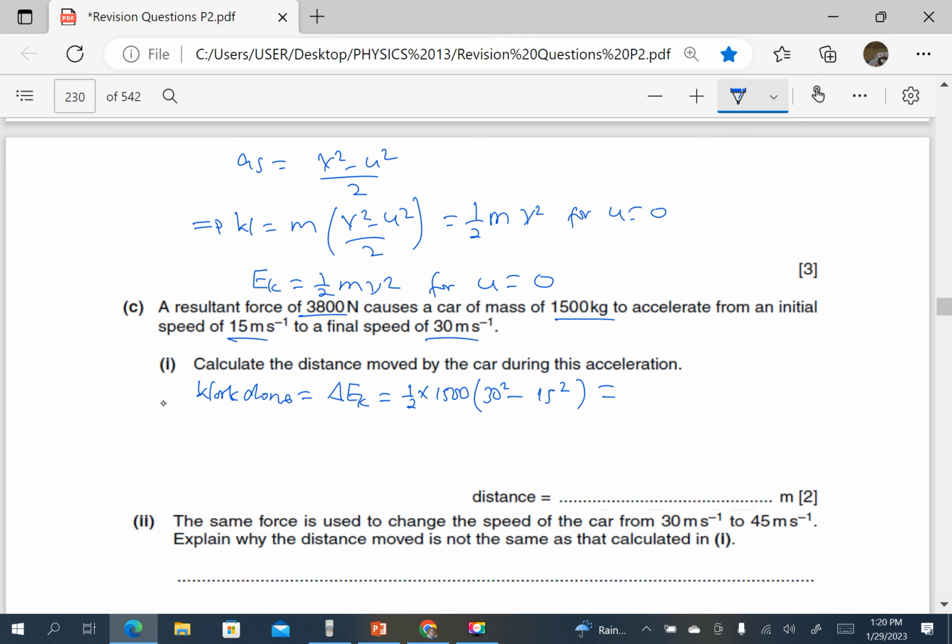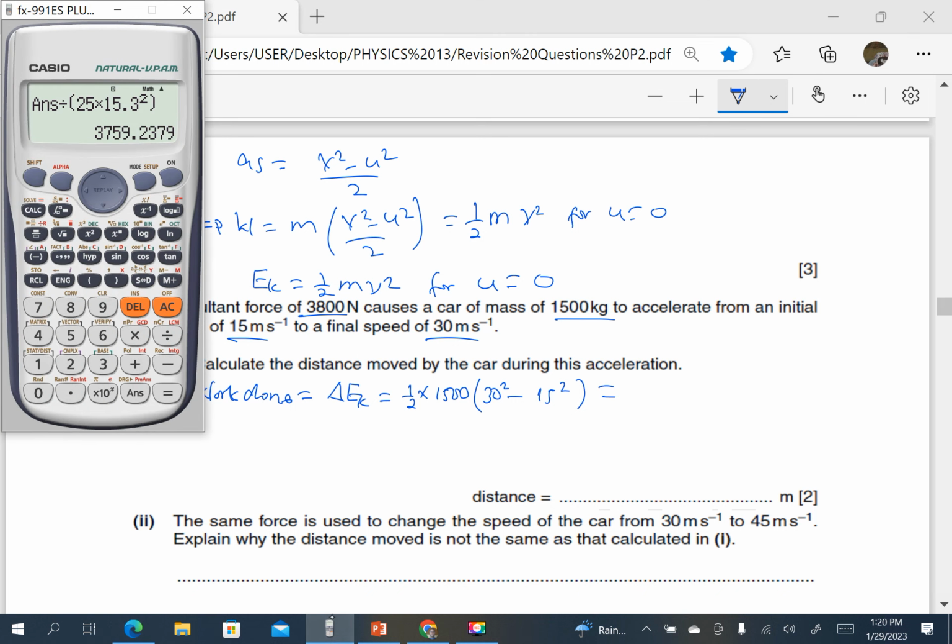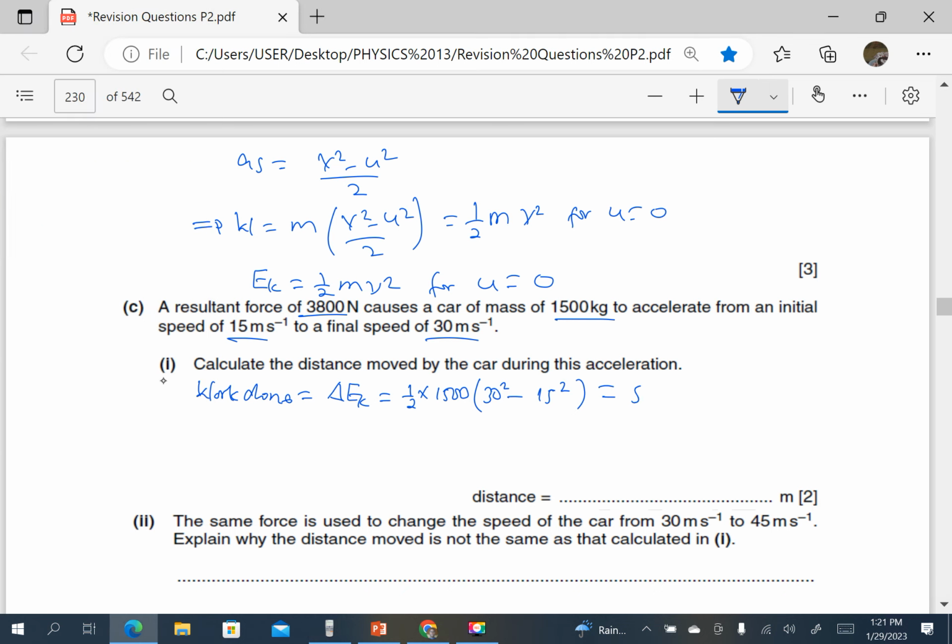So I get the work done here: 0.5 times 1,500 times, open brackets, 30 squared minus 15 squared. So this is 506,250 joules. That is the work done.